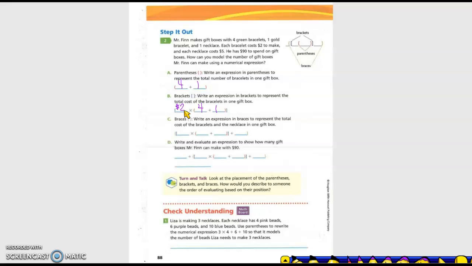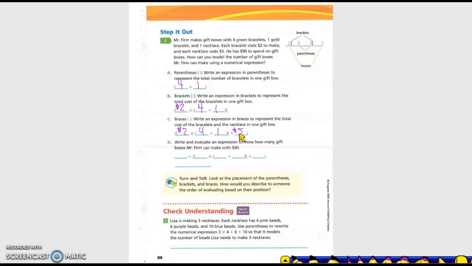Okay, so we had our $2 times 4 plus 1, right? Okay, and then how much is the cost of a necklace? $5, right?